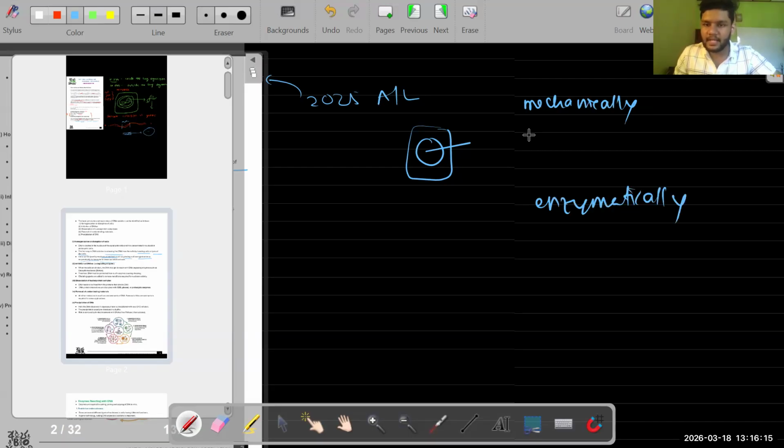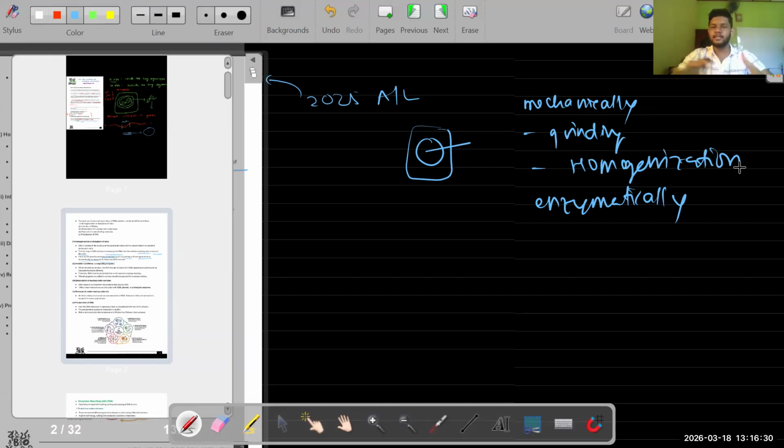If you perform it mechanically, we can do it by grinding the cells, or second, by homogenization. You may ask what this homogenization is. It is also a type of mechanically removing the DNA. They haven't given much information about that. Just remember, homo means similar type, so similar type of DNA will be extracted. It is a method like that.